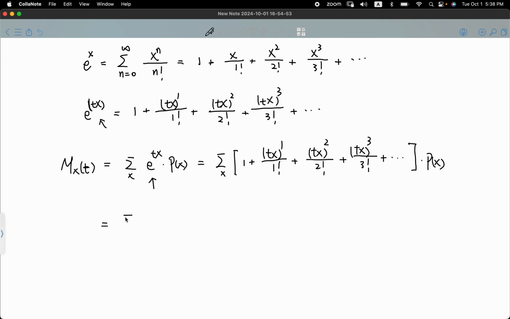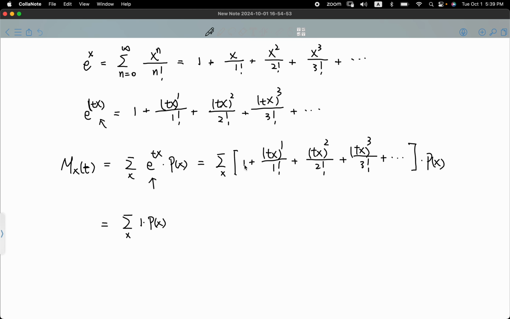So we have a summation for all possible x. I will not only distribute the p of x to each of the terms in this infinite sum, I'm also going to distribute this summation notation. So we have the summation of 1 multiplied by p of x.